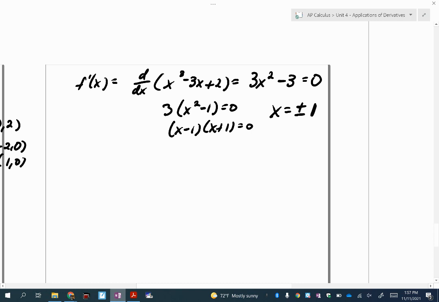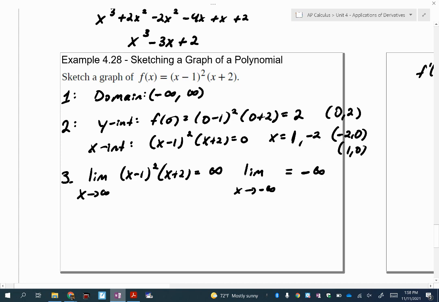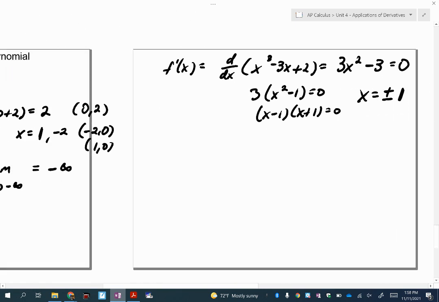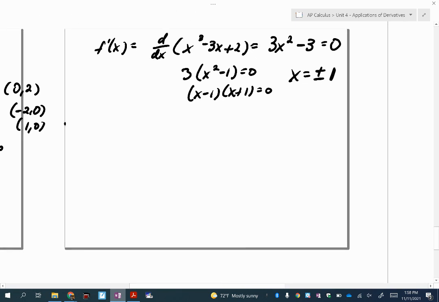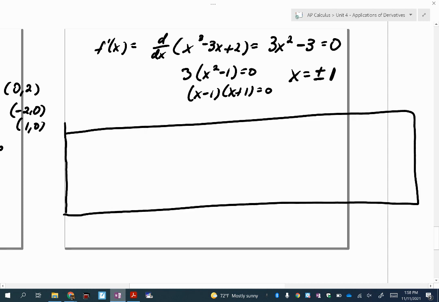Okay, so what I'm going to do to determine the intervals at which my function is increasing and decreasing, and ultimately if I have any local extrema, I'm going to split up my domain, which I did in part 1. Remember that one? My domain was all real numbers, so I'm going to split that up into a table like we did in the previous lesson, where I'm going to have negative infinity to negative 1, negative 1 to positive 1, and 1 to infinity.